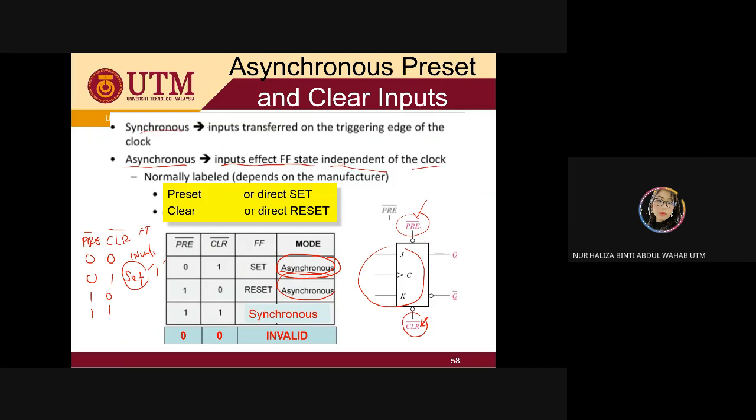But synchronized, you're going to look into the trigger of your flip-flop. But now you need to finish this table first. 1, 0, it will be reset, or a 0 for your flip-flop output. And lastly, 1, 1. When you have pre is 1 and clear is 1, maybe it's connected like this.